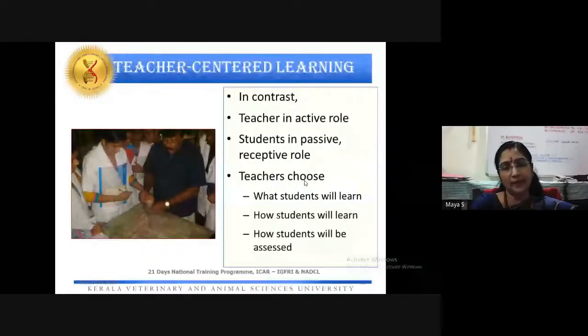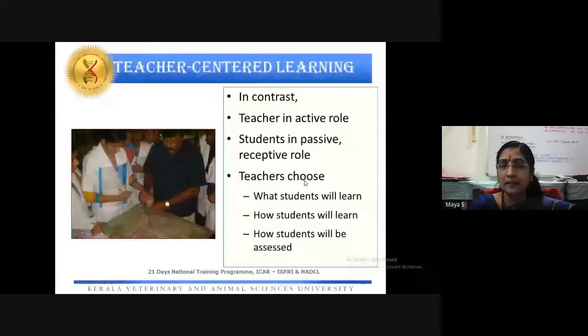Okay. So problem-based learning will have the student in an active role. But in traditional methods, teachers had the active role and students were passive listeners. Teachers used to decide what the students should learn, how they should learn, and how they will be assessed.